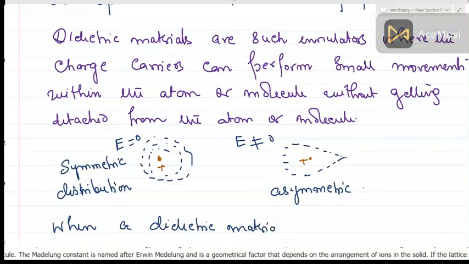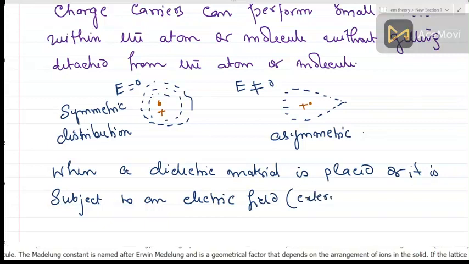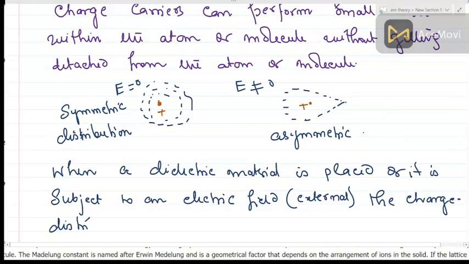So when a dielectric material is placed in an electric field, or subjected to an external electric field, the charge distribution in the material gets distorted.